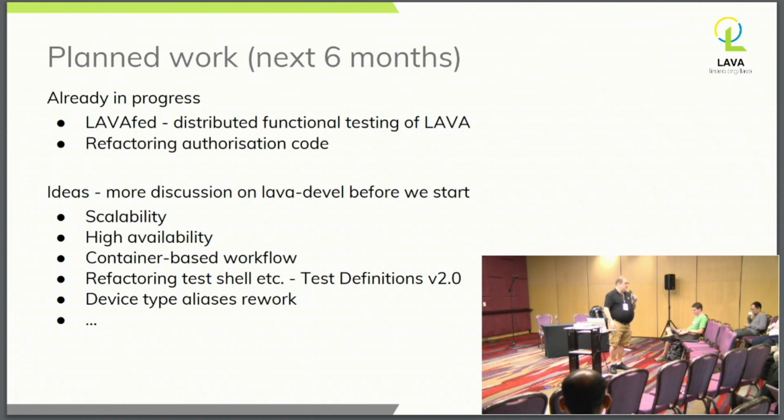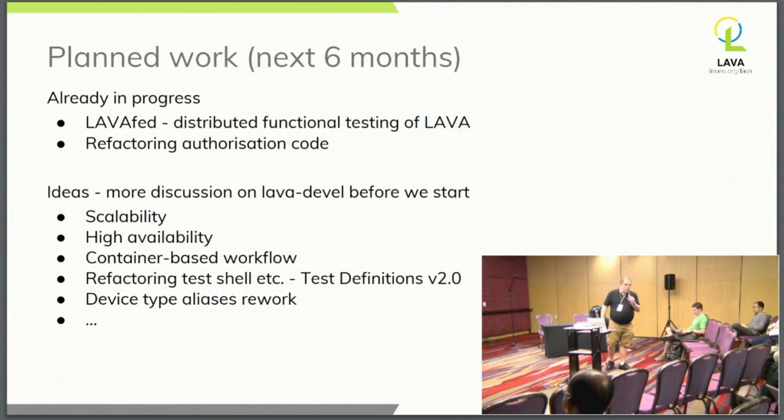If you're going to have that size of lab, you don't want it to be going up and down like a yo-yo when you're doing a server upgrade. We're looking at a container-based workflow. So what does that mean? It means that we're moving more and more of our recommended way of installing Lava and using it at scale into Docker containers. This actually does underpin a lot of these other things.